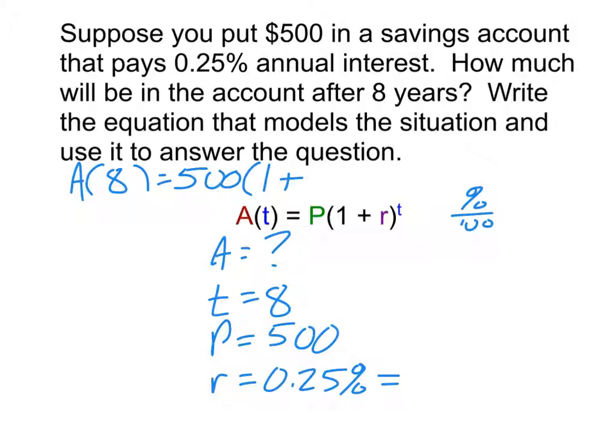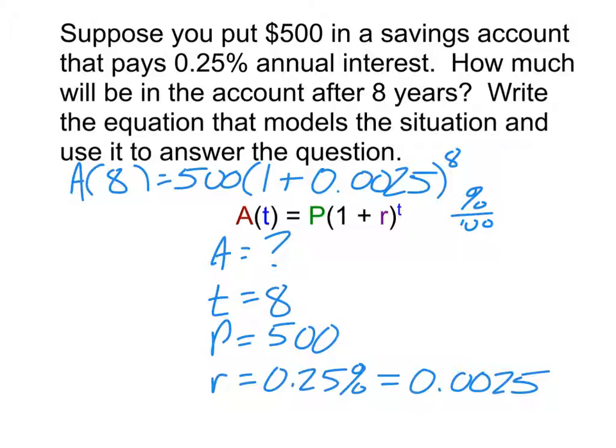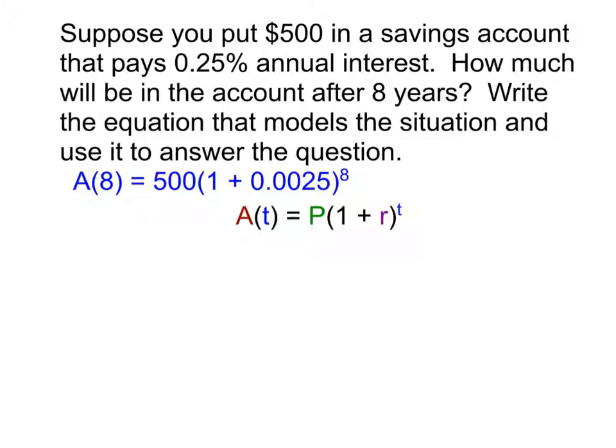That gives us 0.0025. That's the actual R value we're going to use. Then that's to the power of T. We already figured out T was 8. So this is our actual equation.